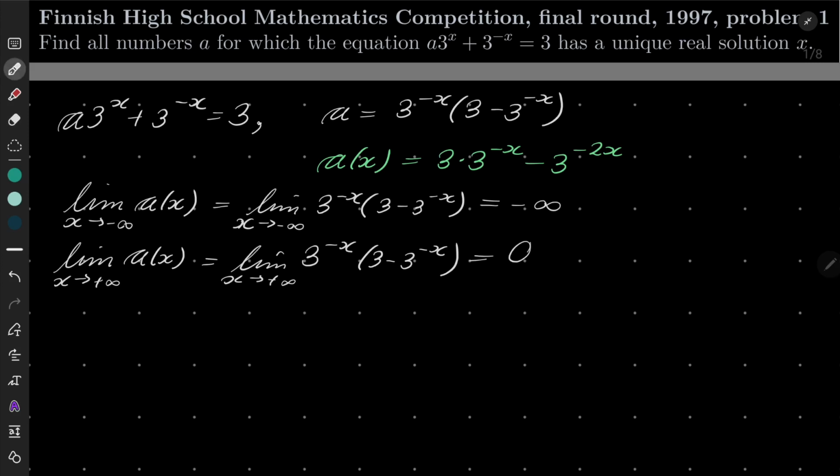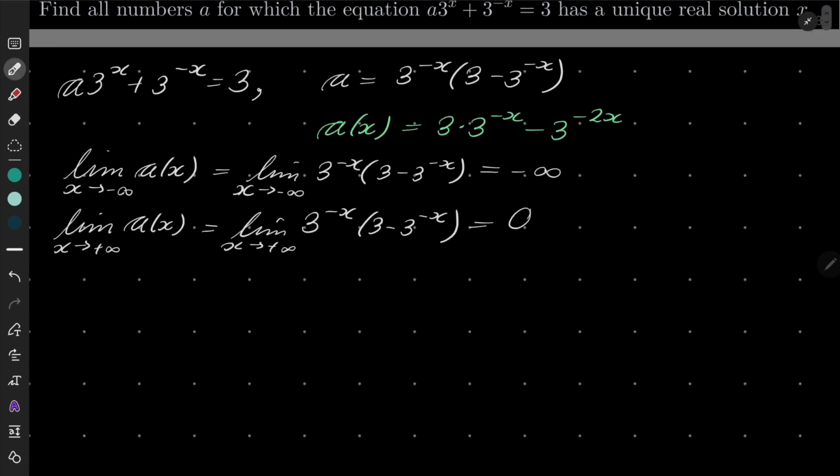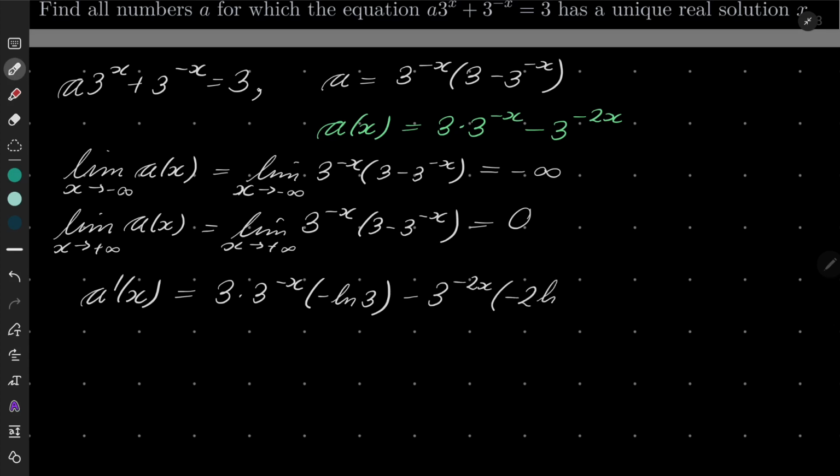Okay, and now let's consider the derivative. The derivative is 3 times 3 to the power minus x times minus natural log of 3, minus 3 to the power minus 2x times minus 2 natural log of 3.